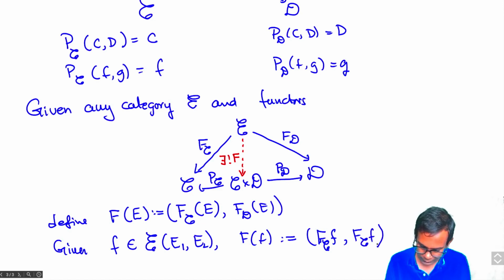So that will give us a functor from the category E to the category C cross D.